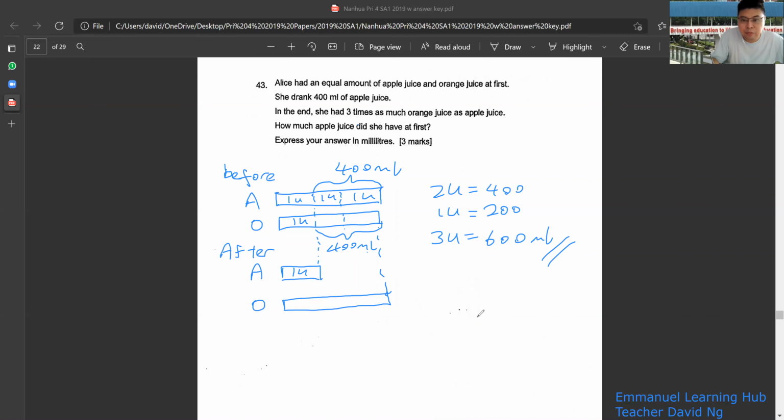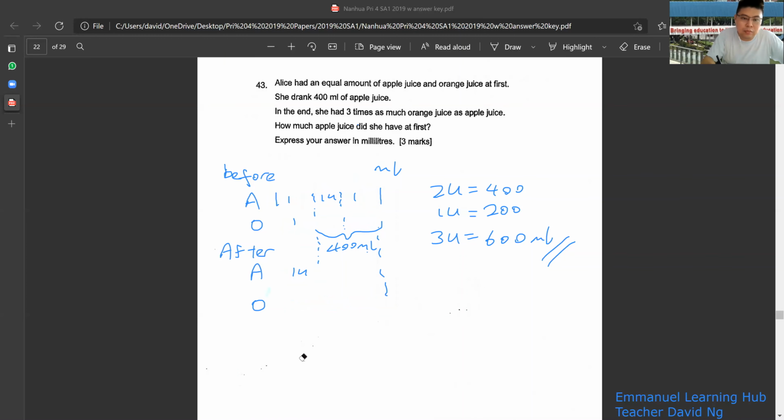I'll use 200 times 3. Easier to understand. The right concept is 200 times 3. The answer is 600 ml. Clear? Clear. Okay, I erase this thing.